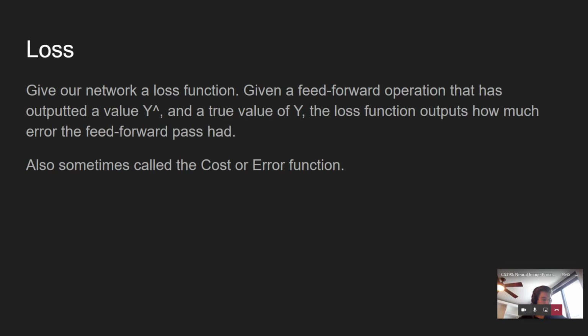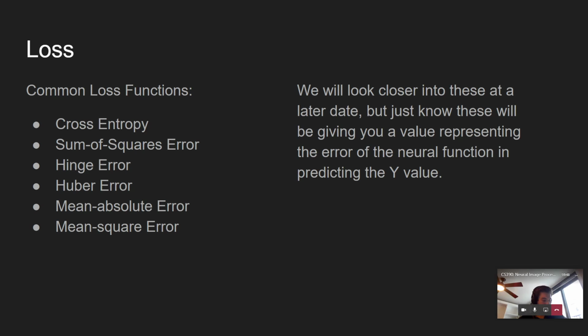Sometimes it's called the cost function or the error function. Usually I'll just call it the loss function, but those terms are in use as well. We're going to look closer into those at a different lecture, but here's a few that exist. The big ones you'll be working with are cross entropy, binary cross entropy, and mean square. MSE is really heavily used.